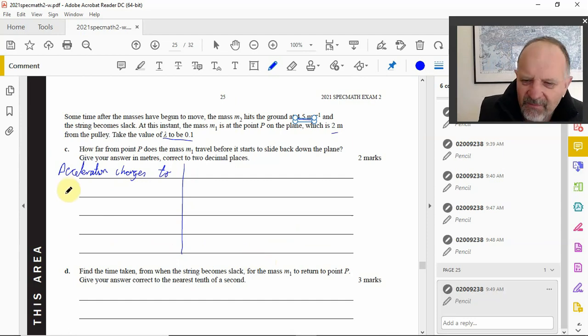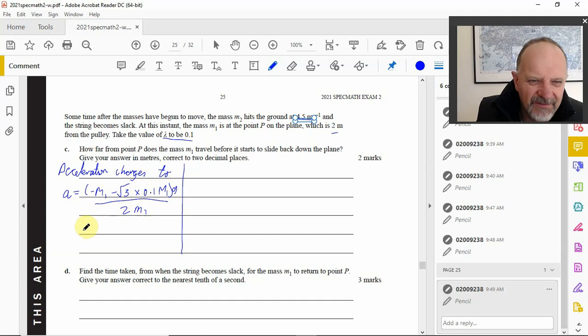So our acceleration then becomes equal to negative m1 minus root 3 times gamma, which is 0.1, m1 g over 2m1.